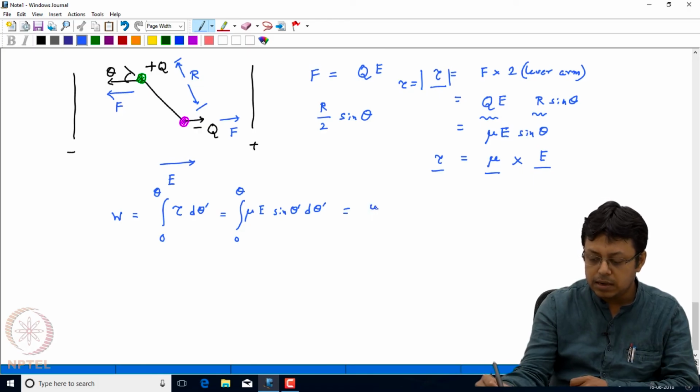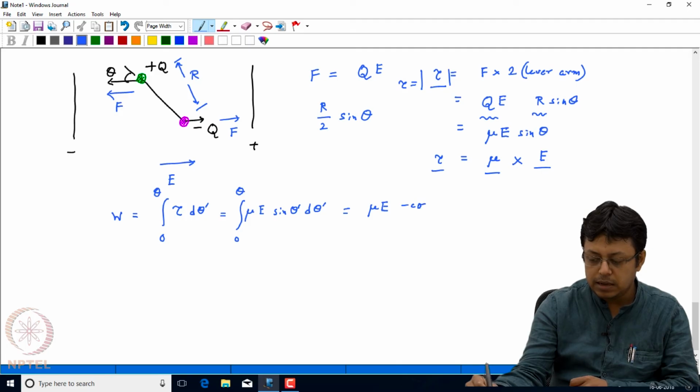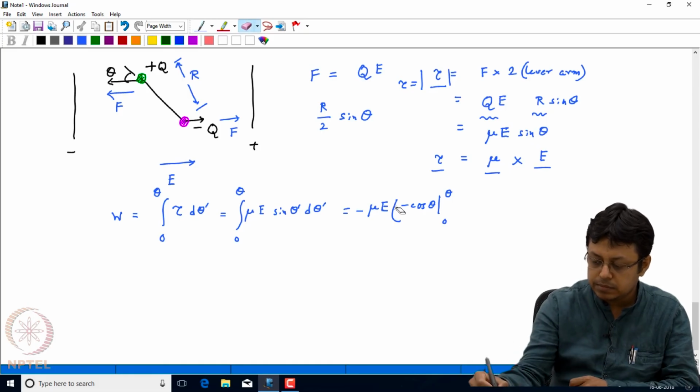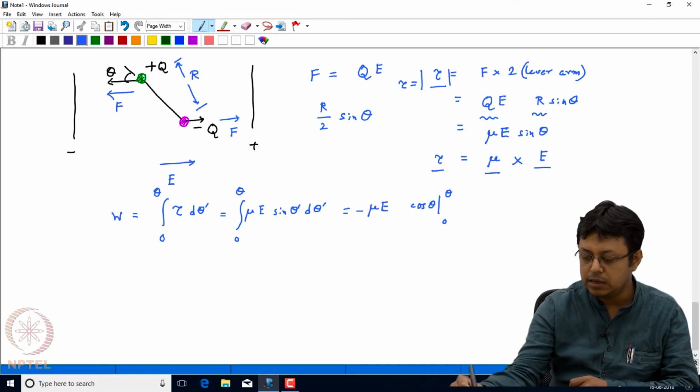Here mu and E are independent of theta, so we have the integral as minus mu E cos theta, evaluated between the limits 0 and theta.